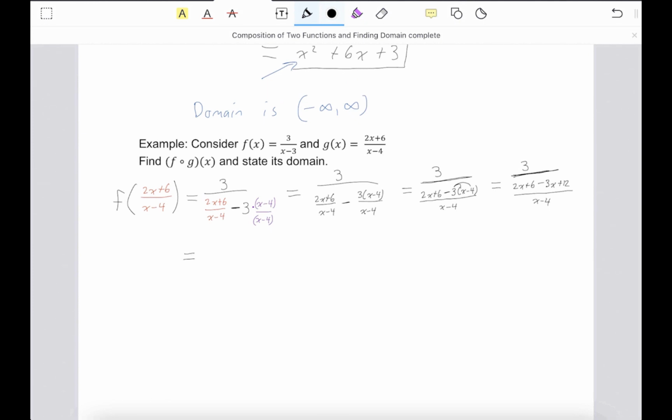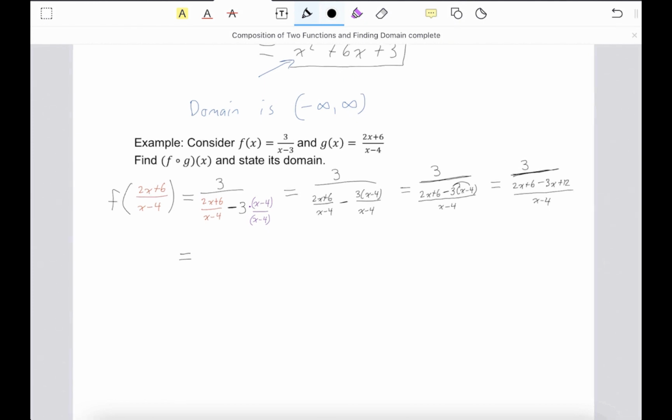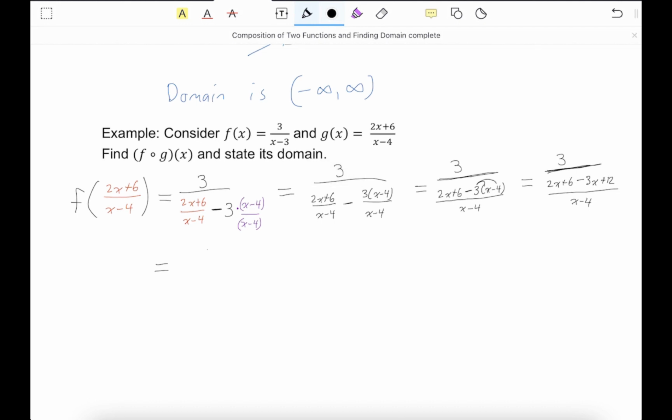I'm going to go back down here and simplify that numerator again. So this is 3 over negative x plus 18. And this is over x minus 4.